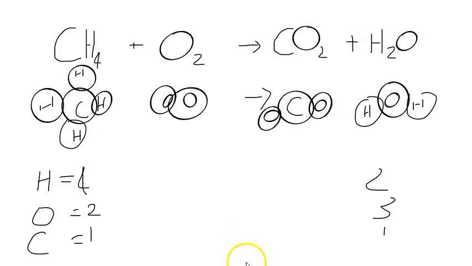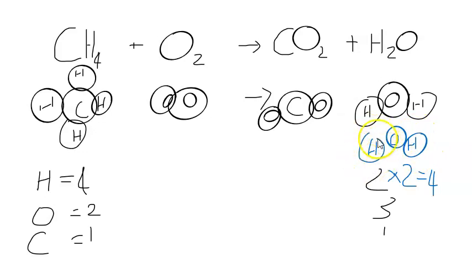So to change that, what we could do is, if we want to times this by 2, that would give us 4 hydrogens on that side. And in practice, what that means is that we're going to add another water molecule. So I'm going to add another water molecule here. So what's actually happening is that we're producing 2 water molecules, not 1.